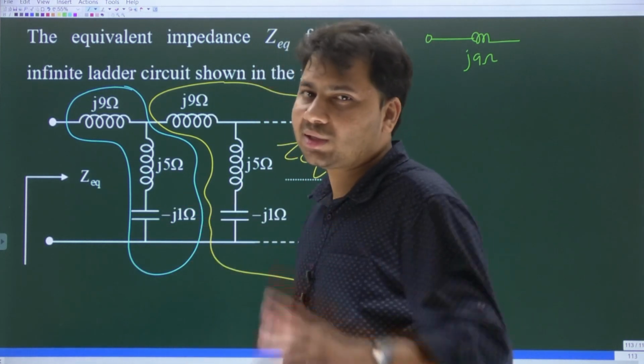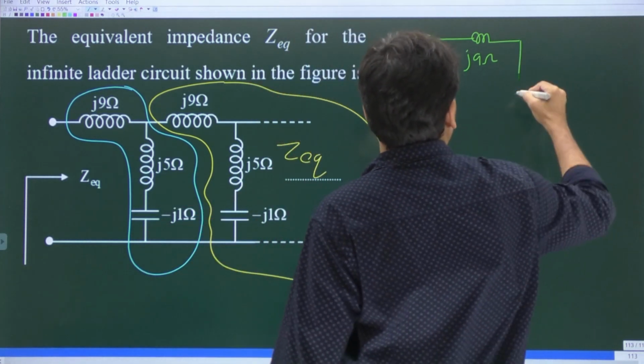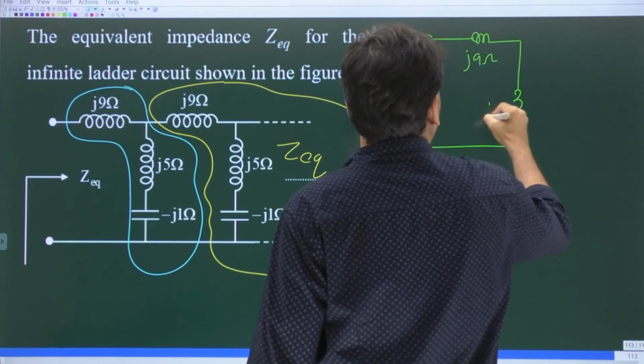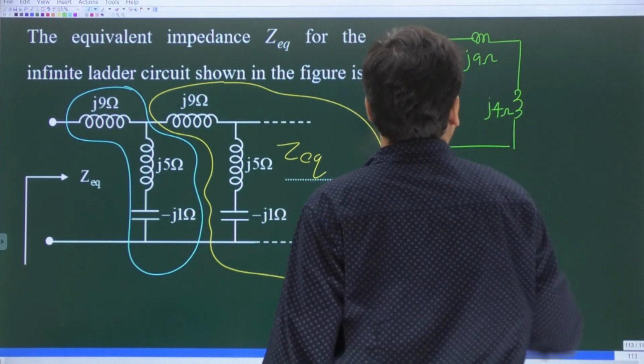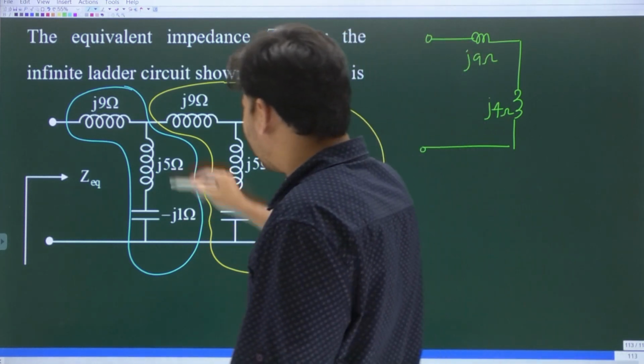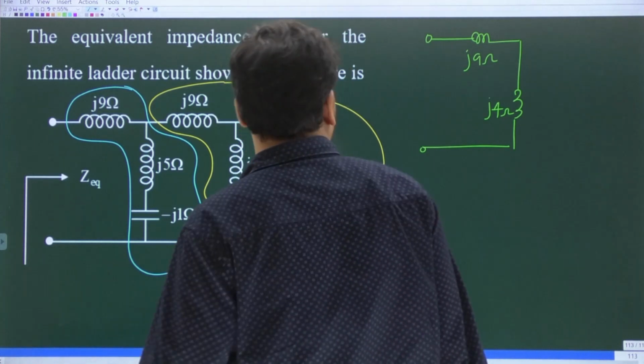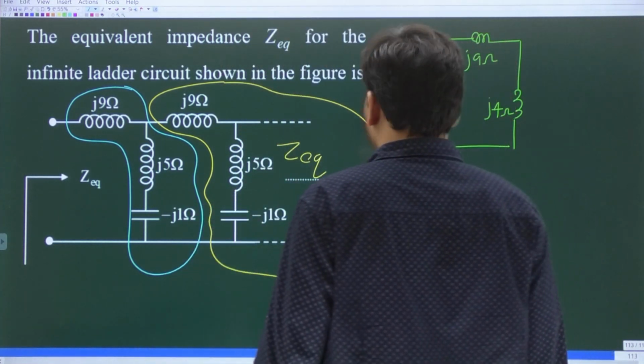J5 minus J. Is it not J4? Yes. So it's like having a single inductor whose impedance is J4 ohms. I'm just combining these two elements. J5 in series with minus J is just J4.